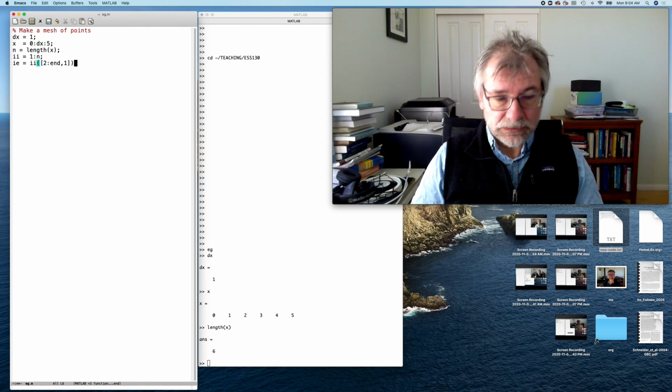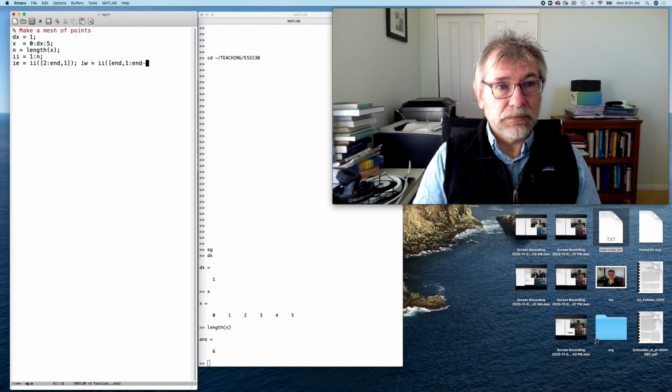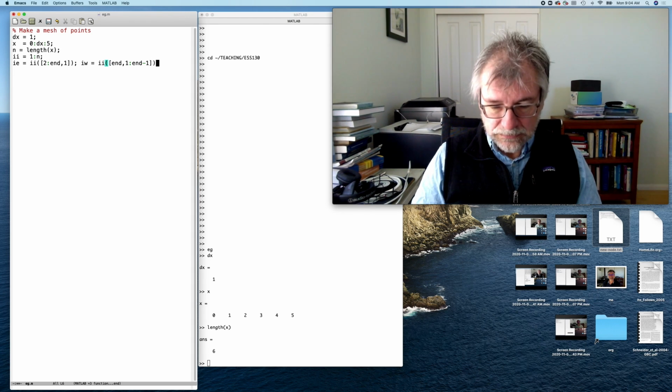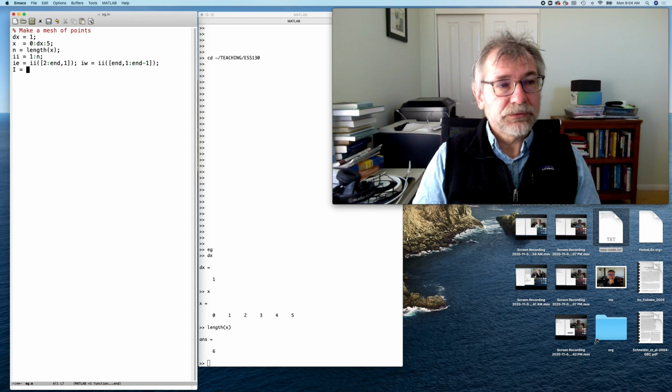So we'll do a periodic shift, and I west is equal to ii of 1 through n minus 1, like that. Then I make an identity matrix, and then I permute the rows. I east is equal to I of I east, and I west is equal to I of I west.